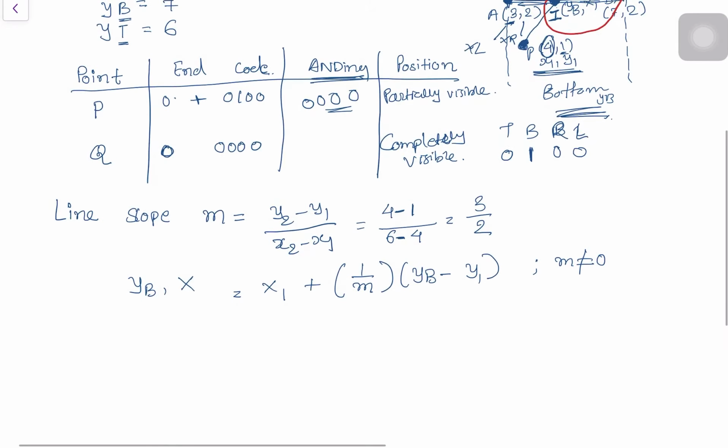Now find the value of this. X1 means xp plus 1 upon m. What is the value of yb? Y bottom is 2.